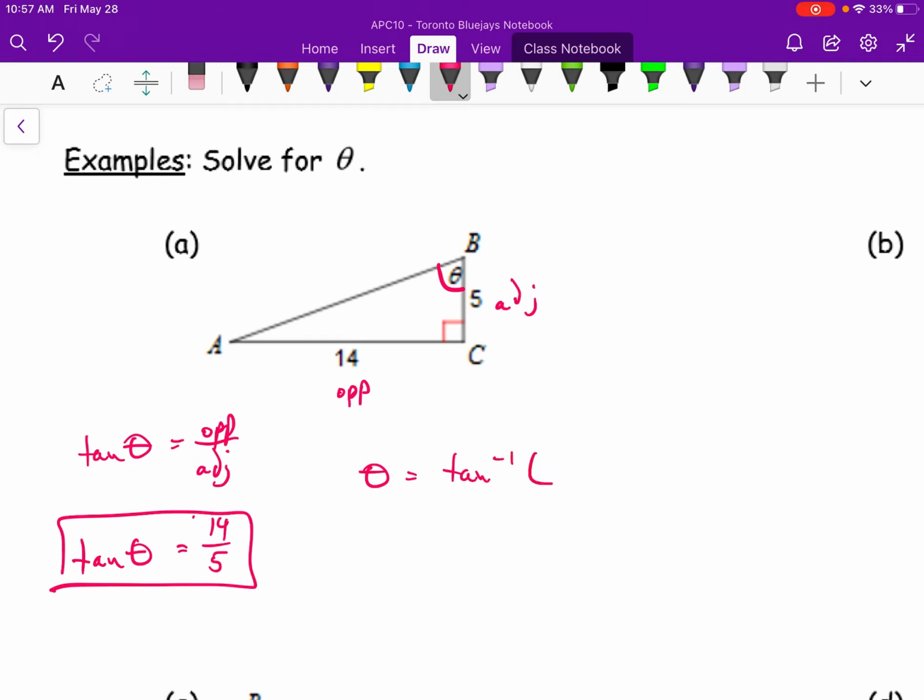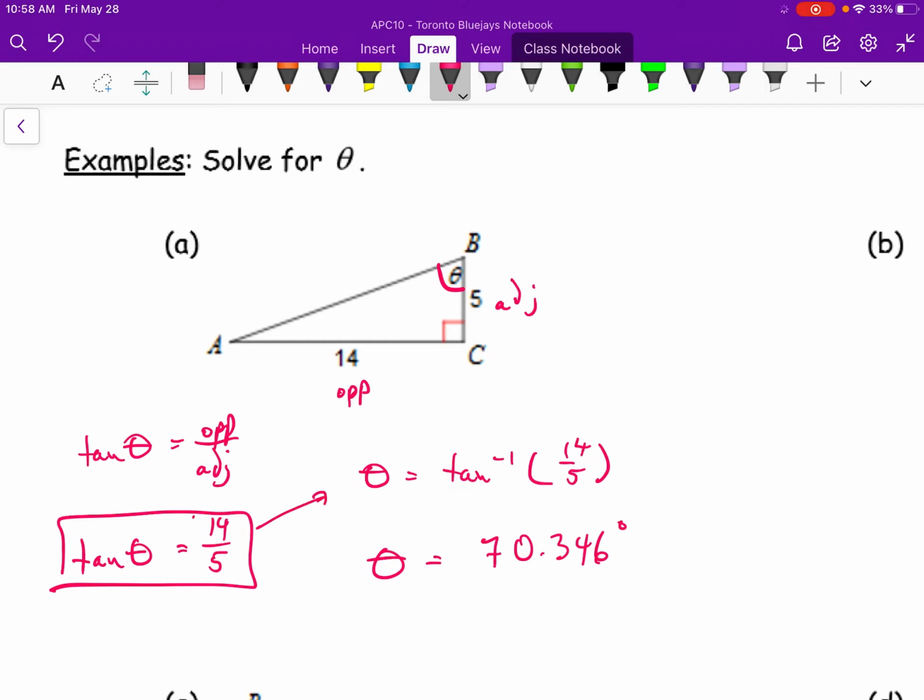So I'm going to apply the inverse tangent ratio to both sides, and I get theta is equal to 70.346 degrees. Some of you may have questions.